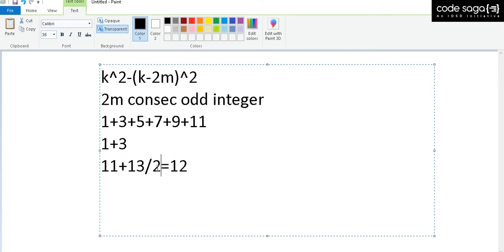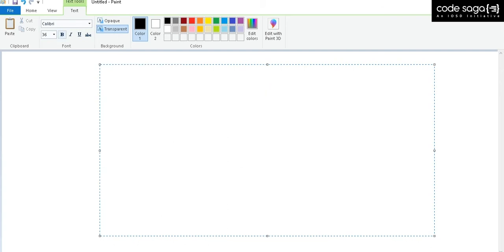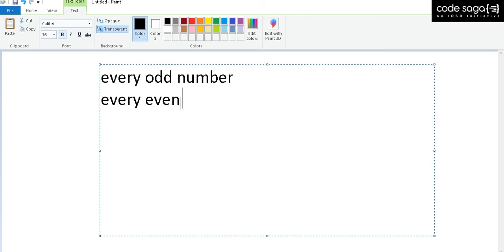And if we multiply this by the 2 over here, as it already has a factor of 2 into 2, it will always have a factor of 4. So the condition we have here is, if the number is even, it should have a factor of 4. So we arrive at two conditions: every odd number can be shown as a difference of two squares, and every even number with a factor of 4.